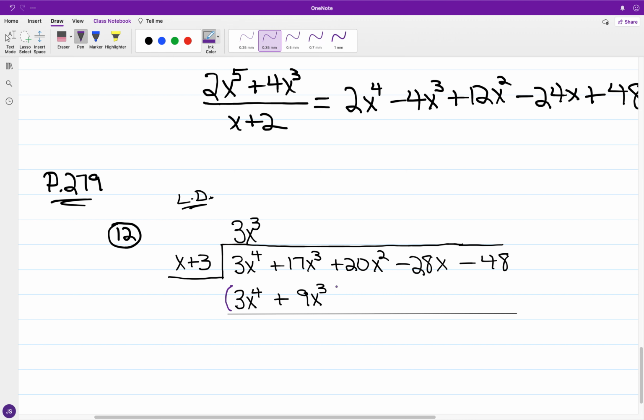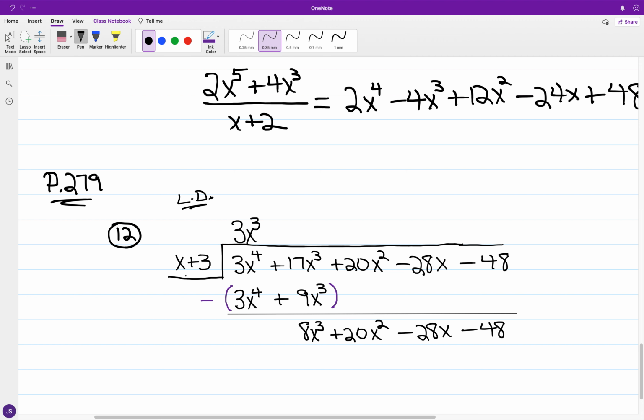Again, with the long division, if I look at subtracting, 3x to the fourth is going to go out, and for the difference of the cubic terms, we got 17x cubed minus 9x cubed, so this is going to be 8x cubed. We have plus 20x squared minus 28x, so everything else I'm bringing down.